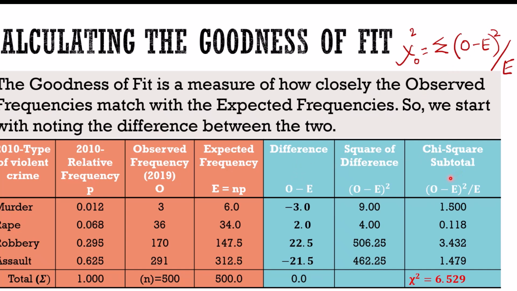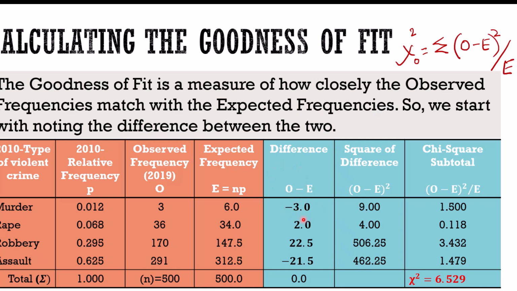All right. So the first one is to compare O and E. And we do that by taking their difference. So essentially in this column, we are performing this part of the formula, which is just O minus E, whatever is inside the brackets. So to find the difference, just take your observed frequency values for each category and from it subtract the expected frequency value and note it down in the difference column.